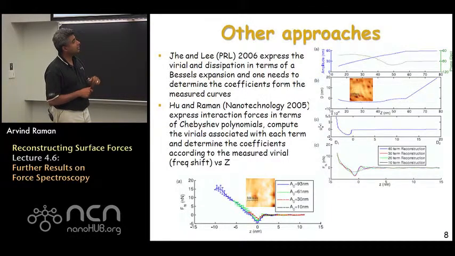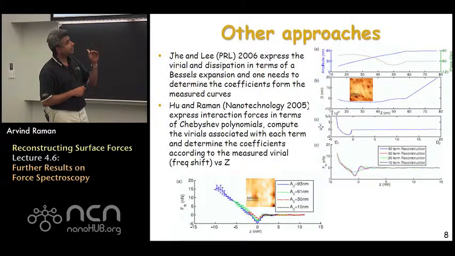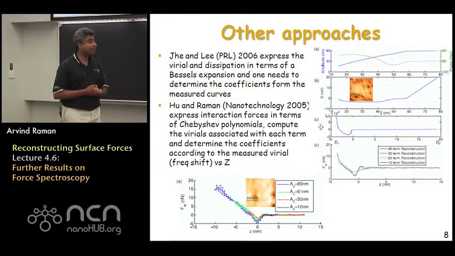very good. What is demonstrated on the right, for example, on the top, is the amplitude and phase versus z on top of a polymer, a PVC sample in this case. One goes through the amplitude and phase data, converts it into nearest approach distance, or one also determines the nearest approach distance versus z data, which is shown in the second row, and converts these observables into frequency shift, which, as I mentioned to you, is related to the virial.